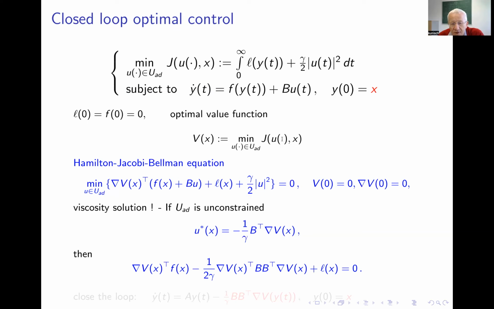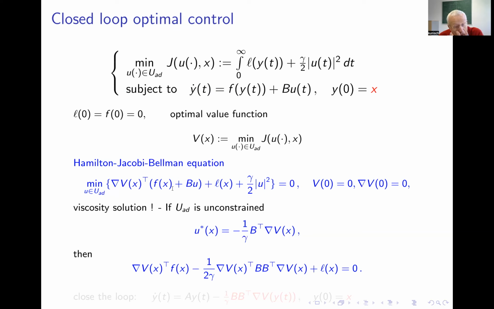Okay, this value function, as the initial condition varies, satisfies what's called the Hamilton-Jacobi-Bellman equation. At the moment, it's a little difficult because even the equation has a minimization involved. But still, once the minimization is done, it's a function of x. If you look at the right-hand side, you see the running cost, Ly plus gamma u squared.